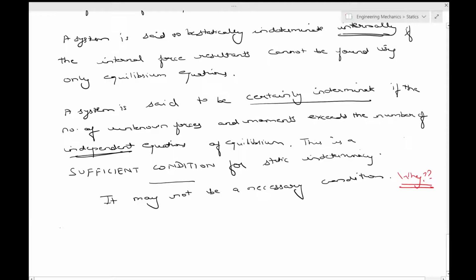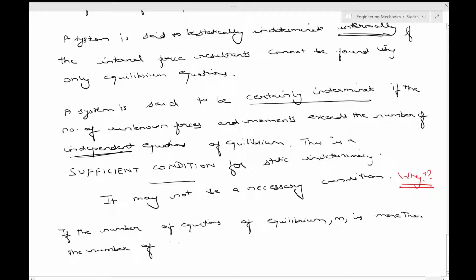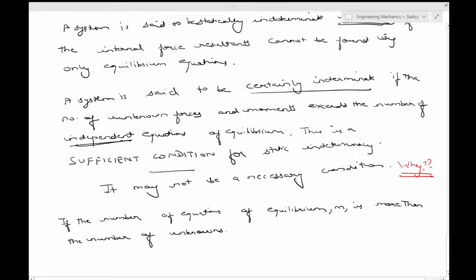If the number of equations of equilibrium, m, is more than the number of unknowns, n, then these equations are linear in the unknowns.